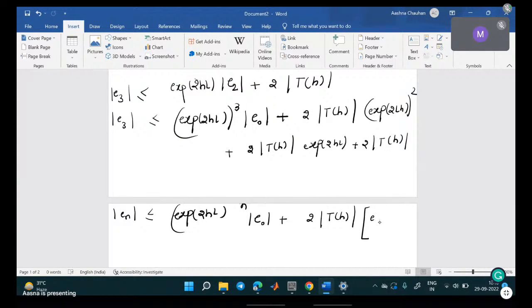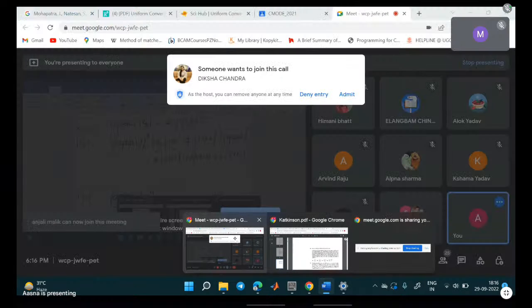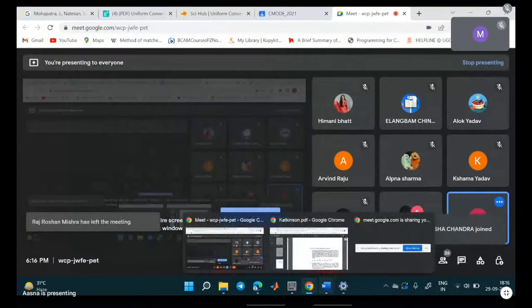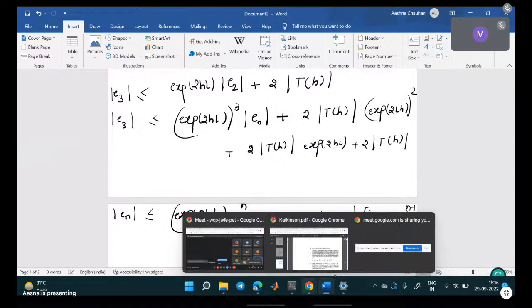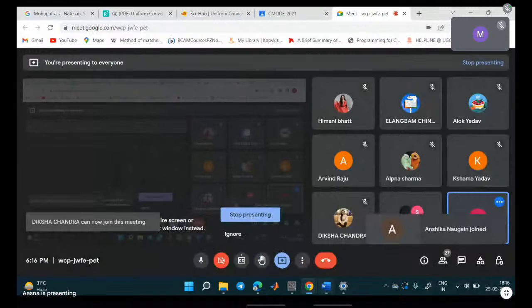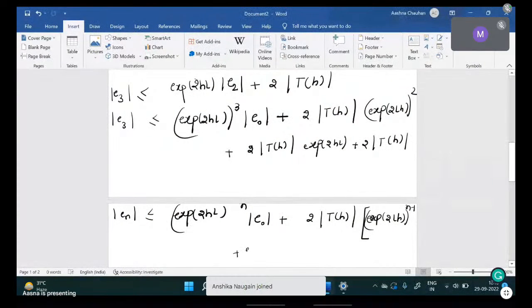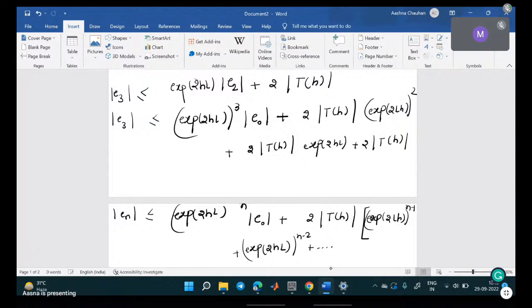So exponential of 2hl whole power n minus 1 plus exponential of 2hl whole power n minus 2 and so on up to, if I'm adding this term also, because I have taken this 2 mod th as common, exponential of 2hl plus 1, right?